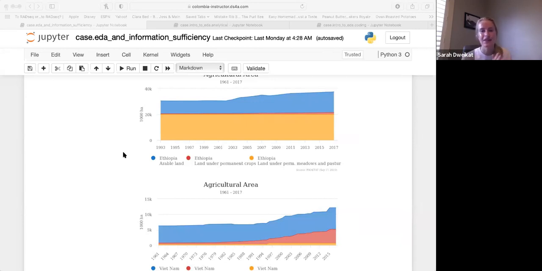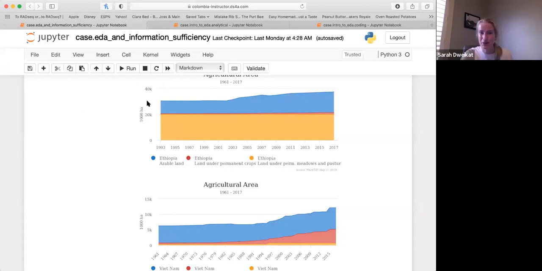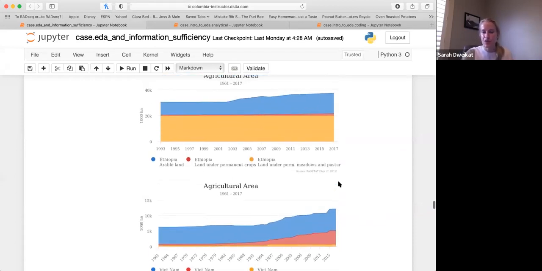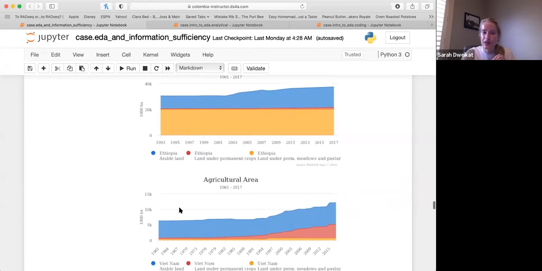think about percentages as well, because obviously these countries are different sizes, in terms of, we see this graph going all the way up to 40,000 and here's 15. But let's talk about this, because one thing that we notice is Vietnam, you would say, maybe had more arable land in this period of 1960 to 1980.